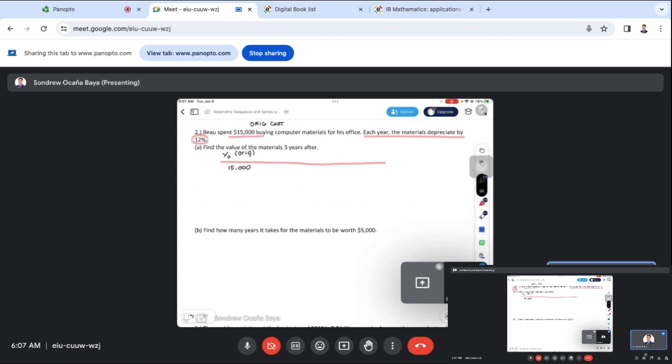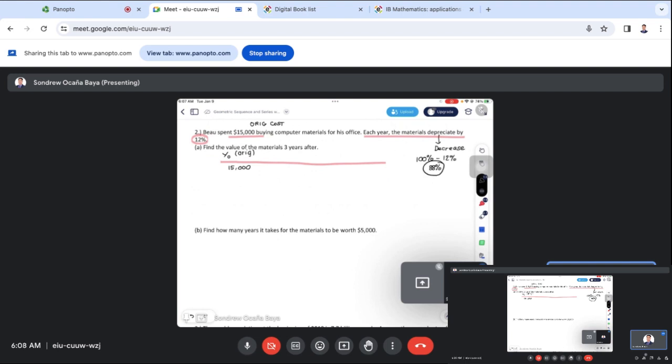Depreciate means decrease. That means from the starting amount of 100%, this will be decreased by 12%. Each year, the remaining amount would now be 88%. This is now the remaining amount, and this becomes our rate.